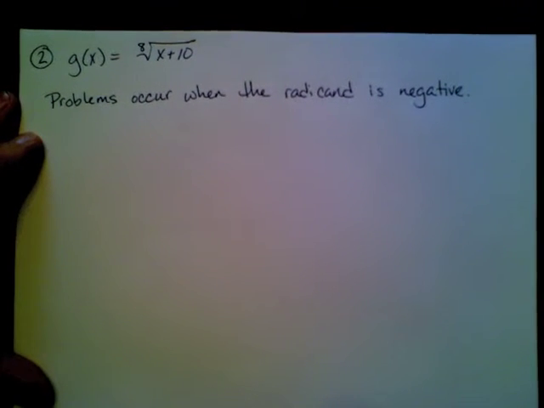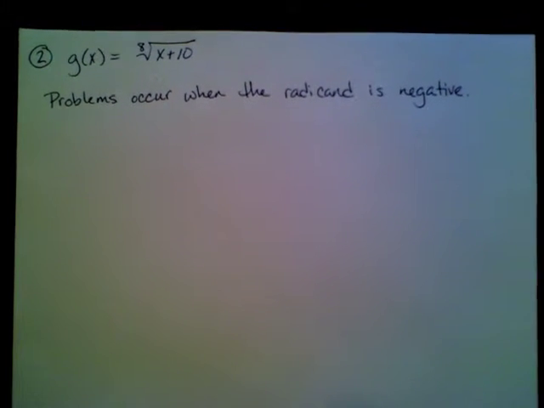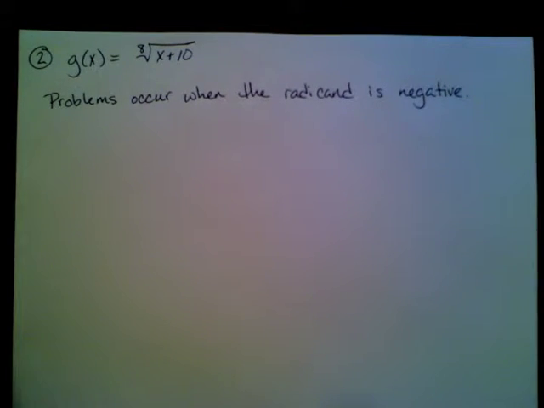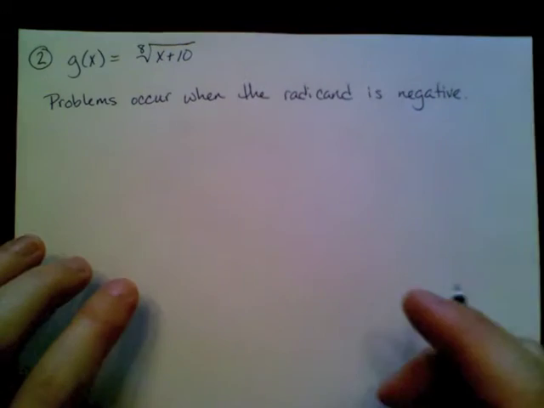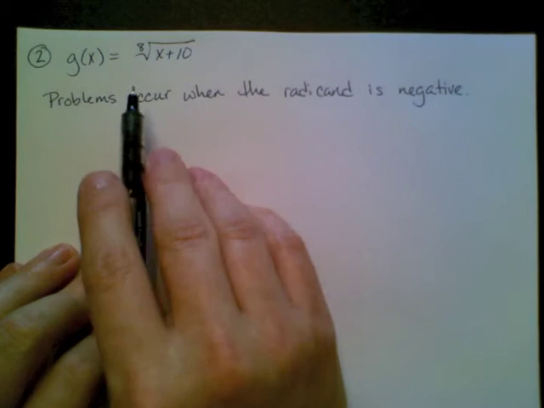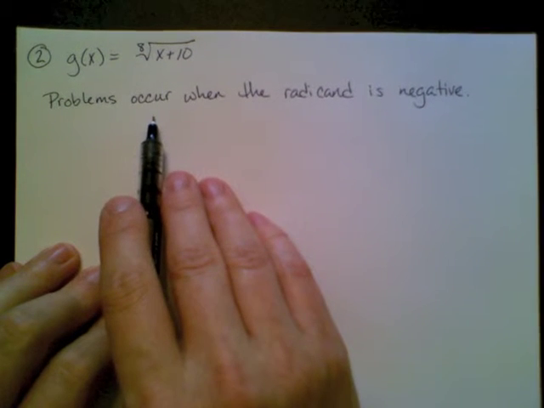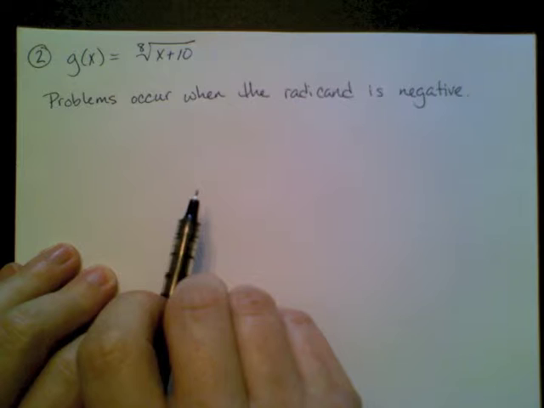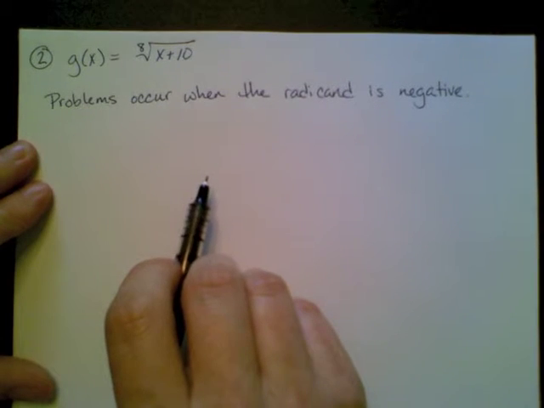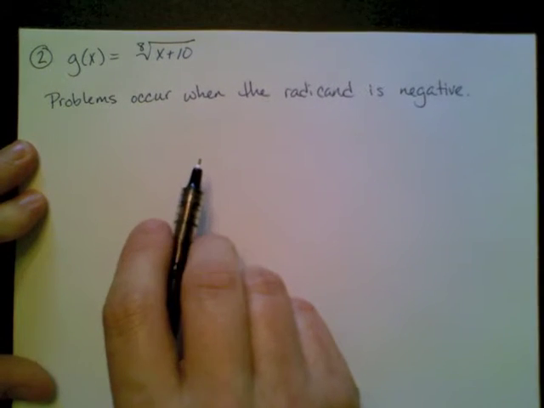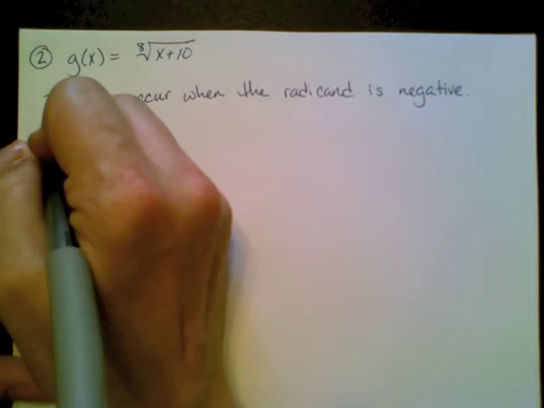We do know that imaginary numbers exist, but as far as the real domain of this function, we have to have a non-negative radicand, positive or 0. Actually, let's write that.